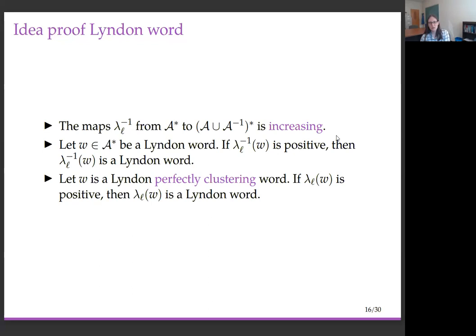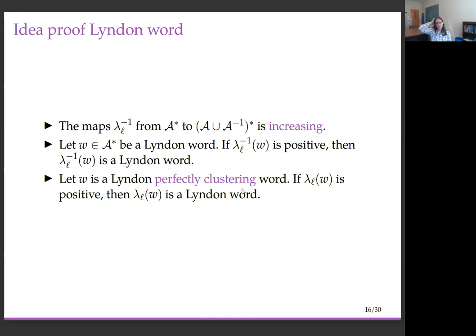But you won't have the first map. The first property is false if you try to show that this map is increasing. And if you take in general any Lyndon word, even if its image is positive, it won't necessarily be a Lyndon word either. So you really, really need the fact that they are perfectly clustering in that case.